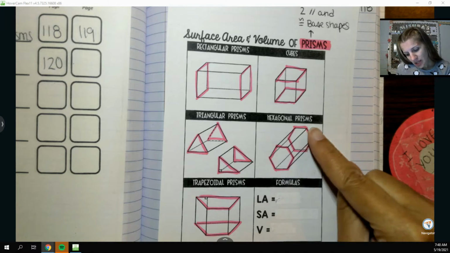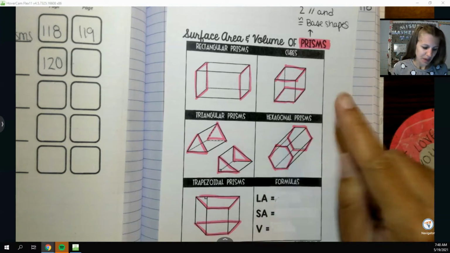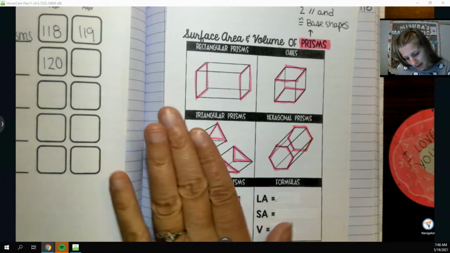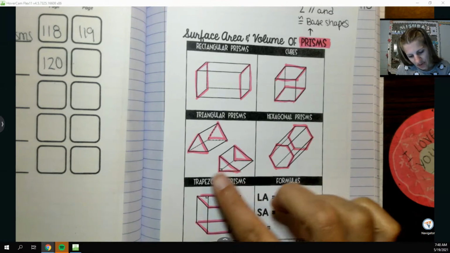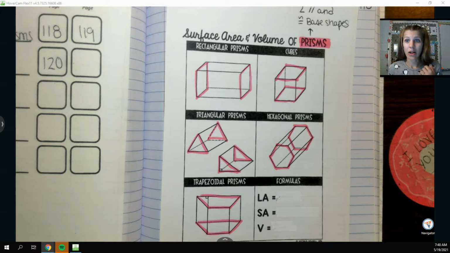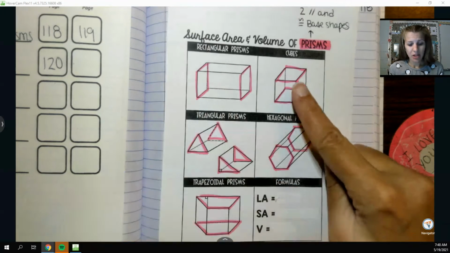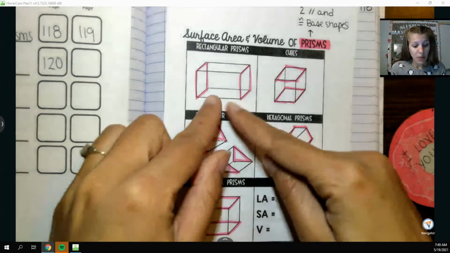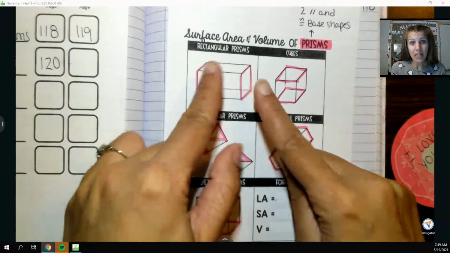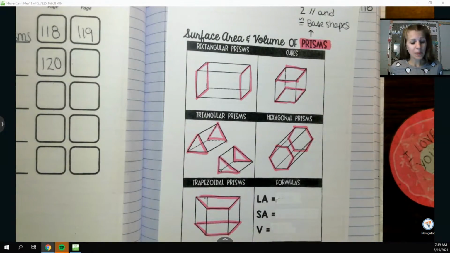Each of these strips coming down is a rectangle. If you think about this flat edge on our triangular prism right there, each flat edge is its own rectangle. And that's why the rectangular ones and the cubes can be tricky. So as long as you pick two to be consistent with, the parallel two, you will still be able to find surface area and lateral area correctly.